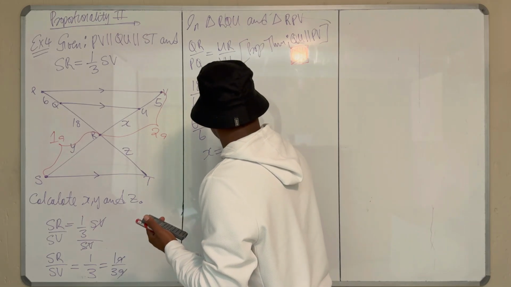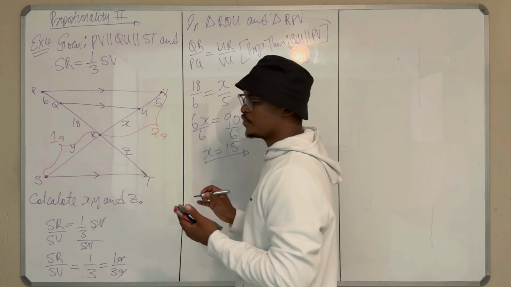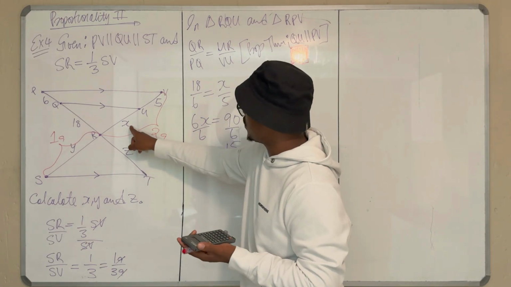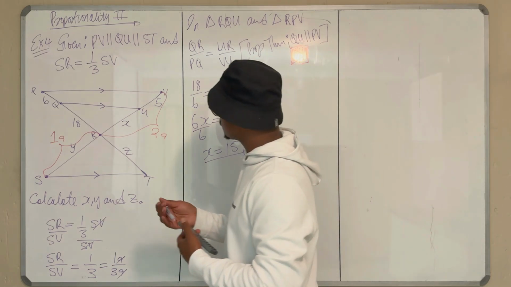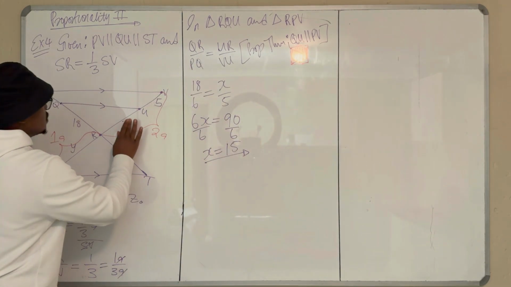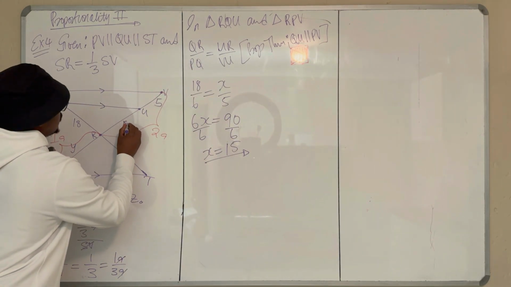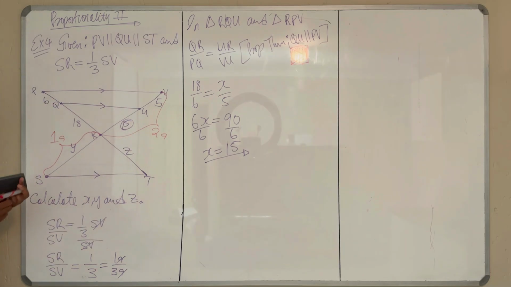It's 15. So the x value is equal to 15, which means this value over here is equal to 15 units. So let's put it in. Are you following?